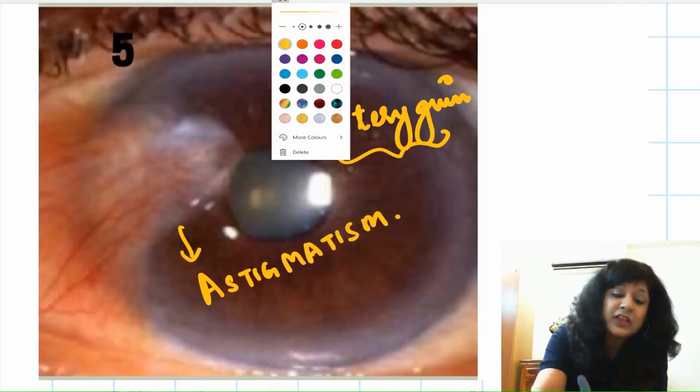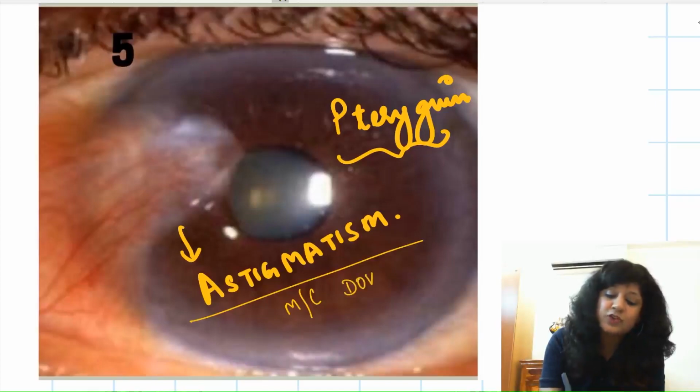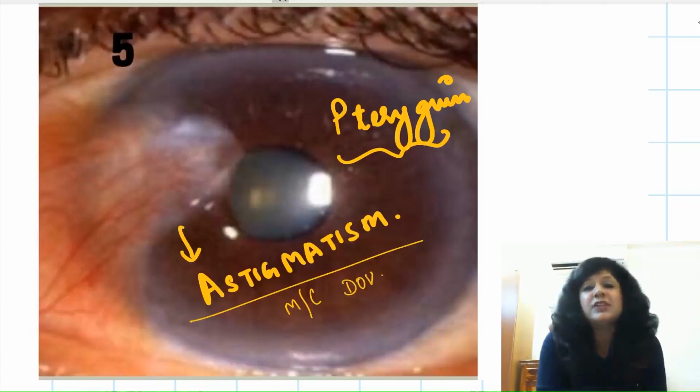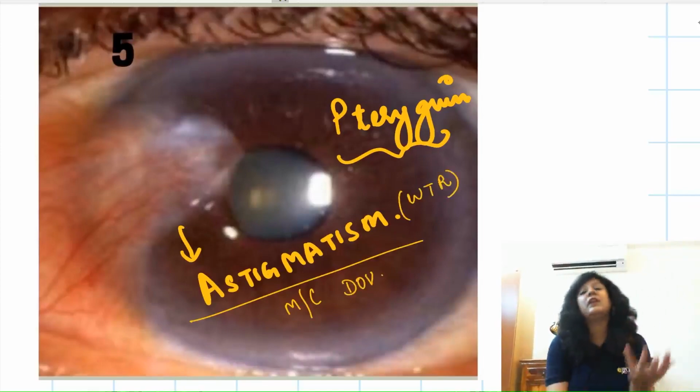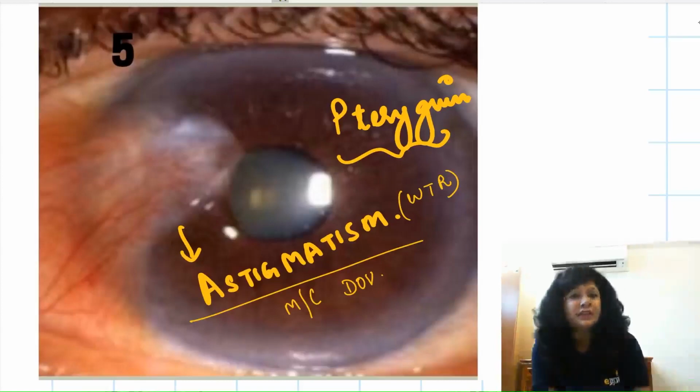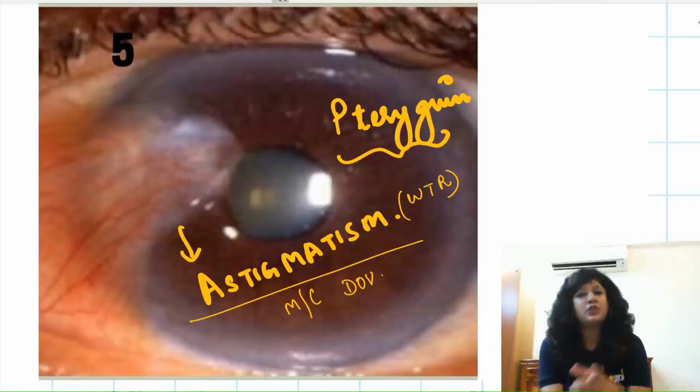This was asked in NEET 2019 also, that what is the most common cause for the diminution of vision in the patients of the pterygium? This is astigmatism, and the astigmatism which is occurring here is with the rule astigmatism, means vertical curvature is more than the horizontal curvature. Now in that question, the other option was the obscuration of visual axis.